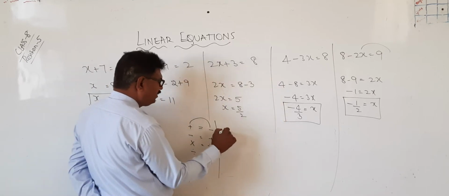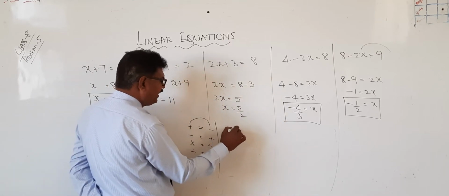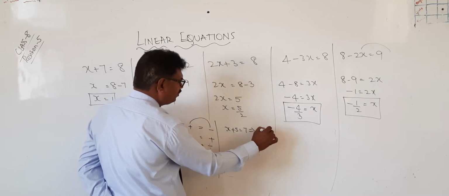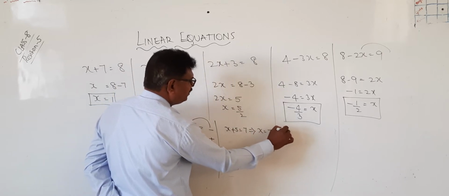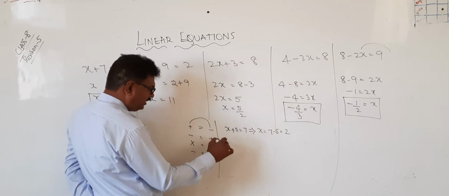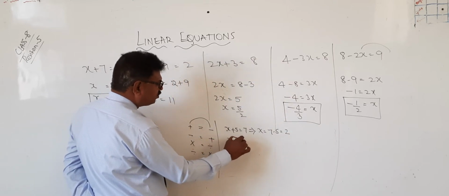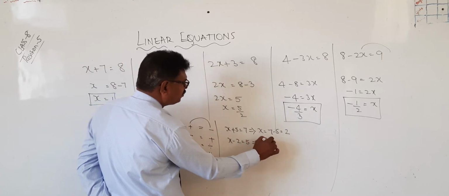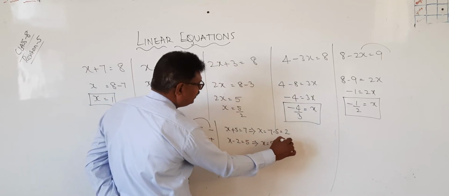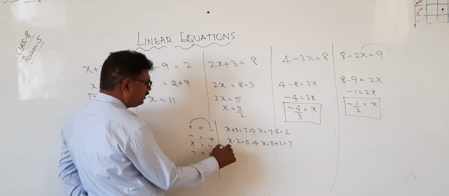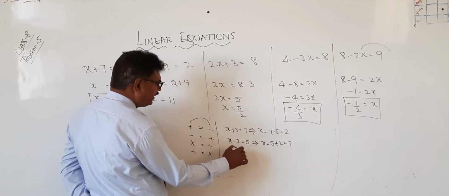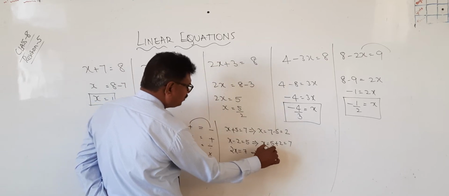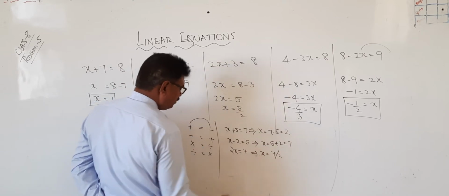One I will tell. x plus 5 is equal to 7, which implies x is equal to 7 minus 5 is equal to 2. Here you see x minus 2 equal to 5, which implies x is equal to 5 plus 2 equal to 7. 2x is equal to 7, which implies x is equal to 7 by 2.